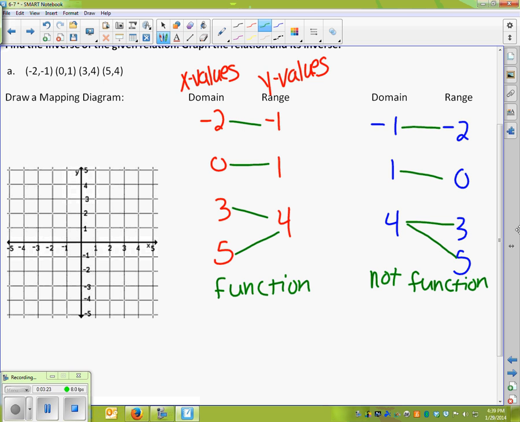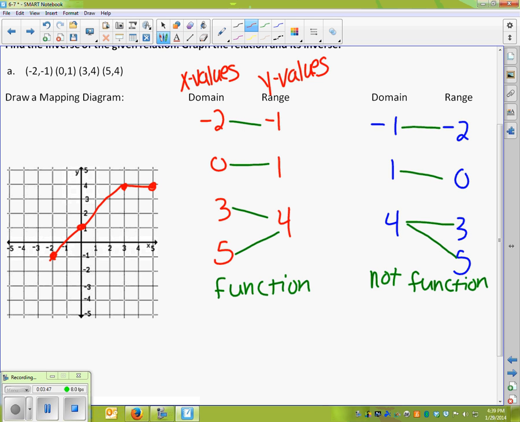So let's do the original set of data in red. I have (-2, -1), (0, 1), (3, 4), and (5, 4). Here's my original set of data.